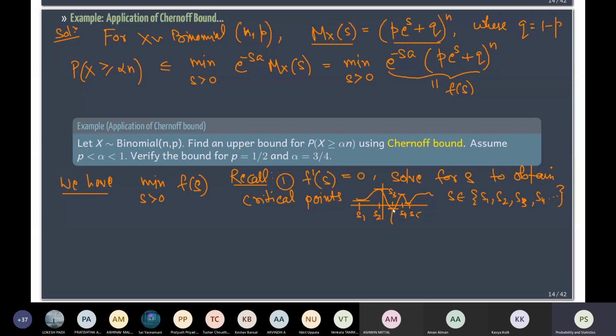To characterize these points, we need to take the double derivative test.